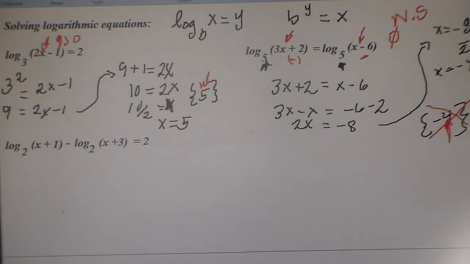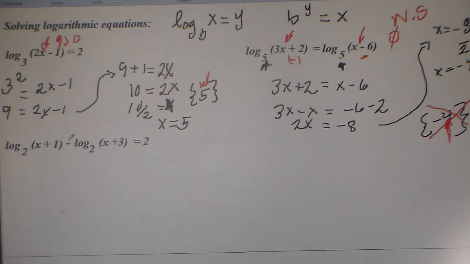And finally, in this case, we have a logarithmic equation that involves more than one logarithmic expression on the left side. What we are going to do is use the properties of logarithms to combine these two logarithmic expressions.